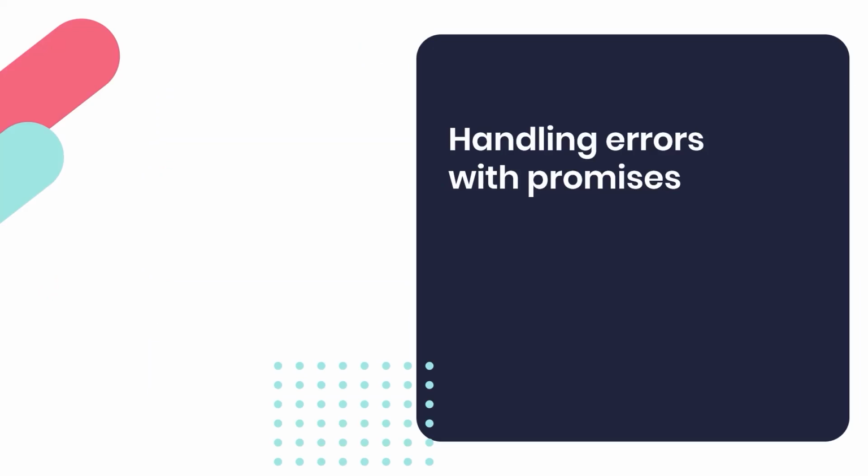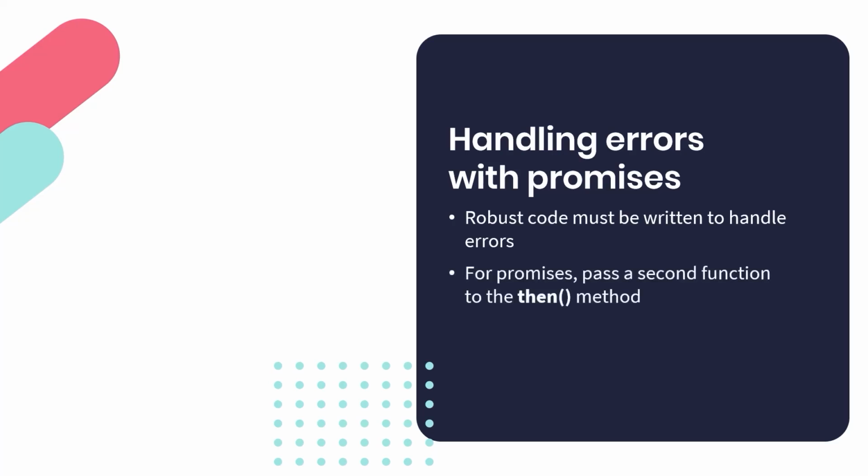Asynchronous operations, particularly those that involve networking, can typically fail in a number of ways, and robust code has to be written to handle the errors that will inevitably occur. For promises, we can do this by passing a second function to the then method, like this.